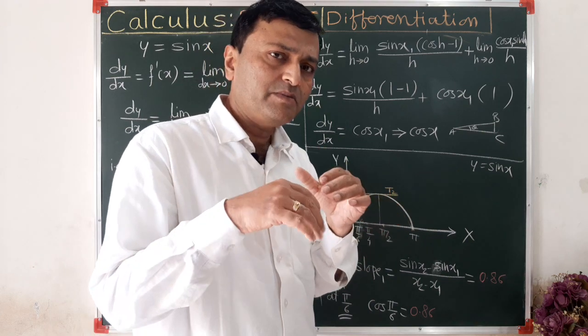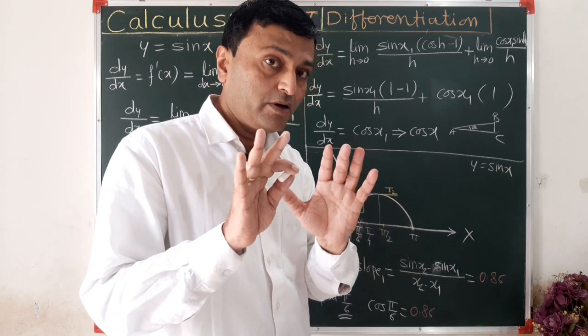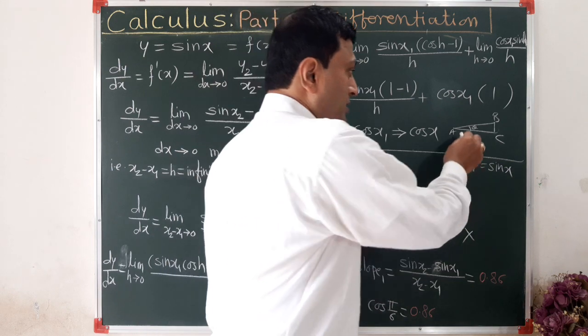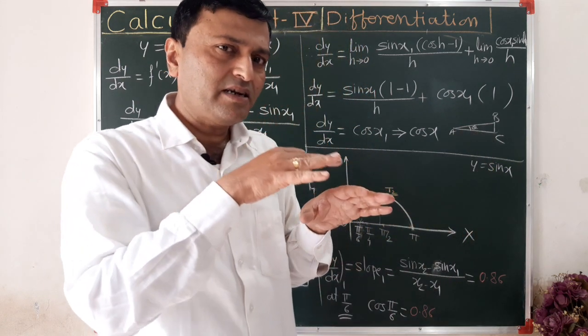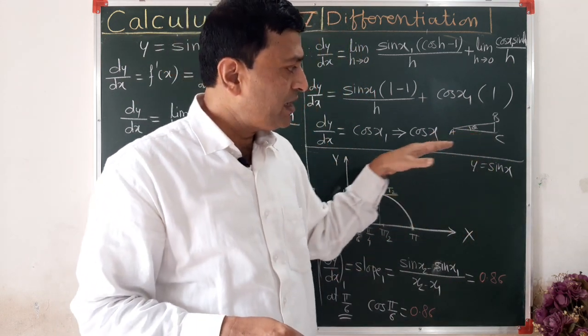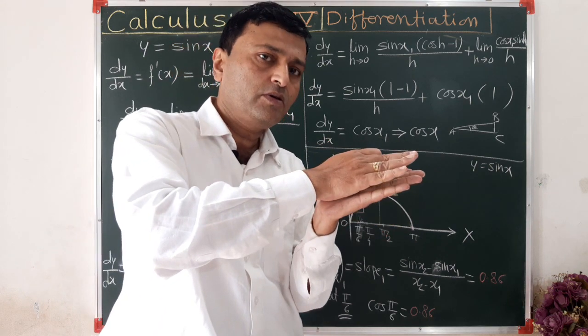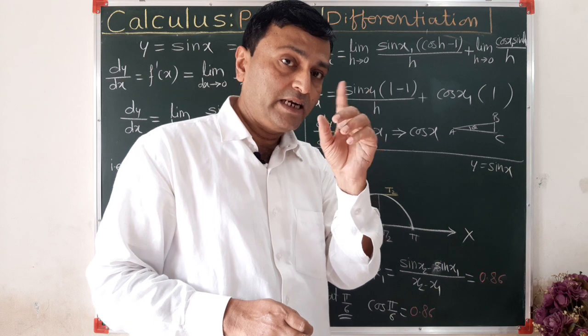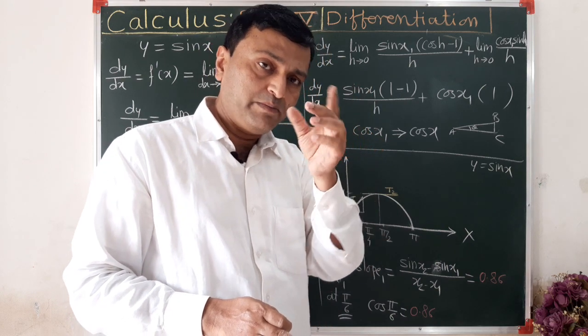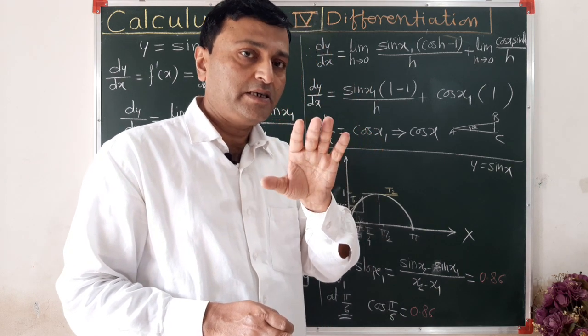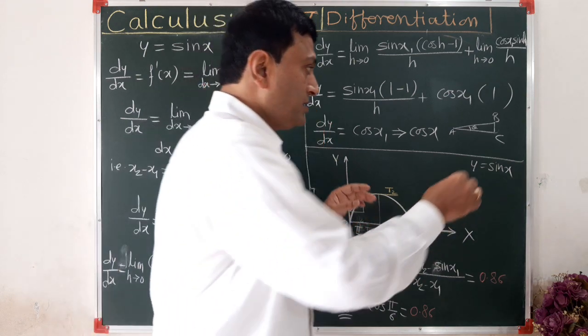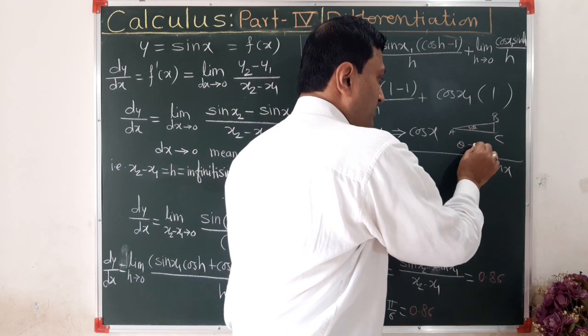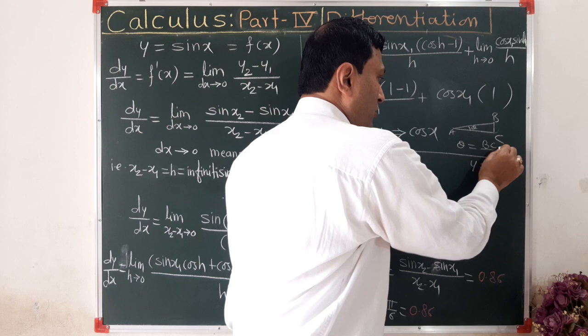As BC becomes infinitely small, this will look like a straight line, means AB and AC are about to coincide. Then BC becomes infinitesimally small. Then BC can be treated as a straight line or as a curve. Then this theta can be written as BC upon AC.